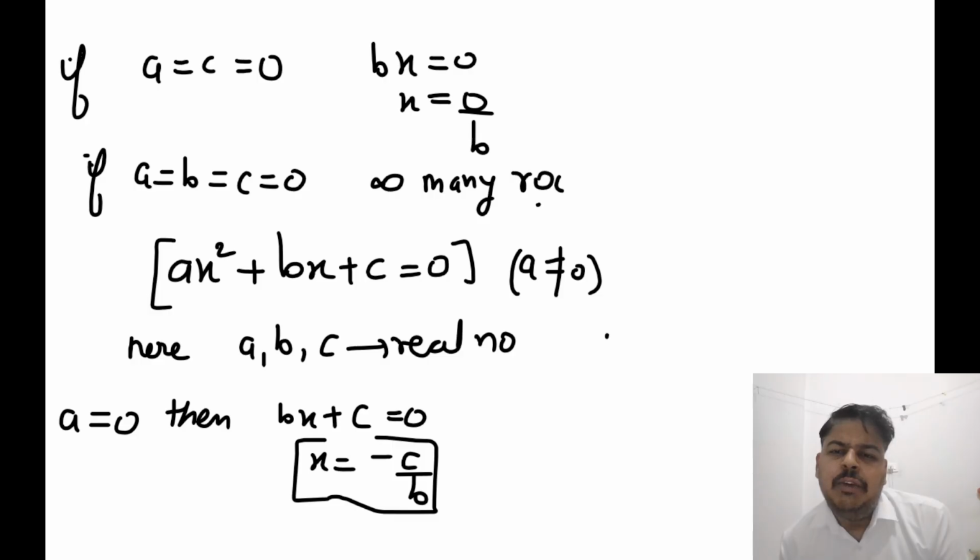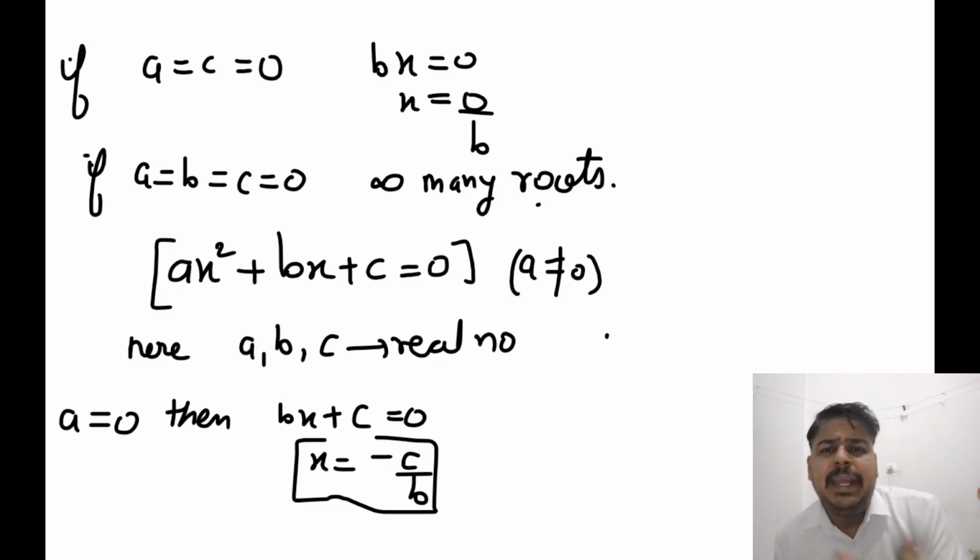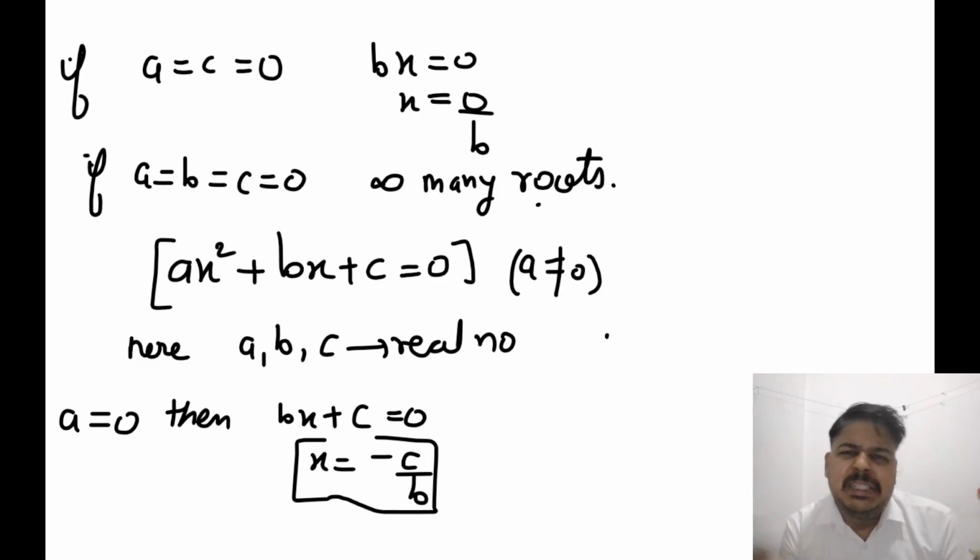The roots of the equation are infinitely many. There is no particular solution of the equation. You must always remember all three conditions. Sometimes in the NTSE or IOQM, it may appear repeatedly.